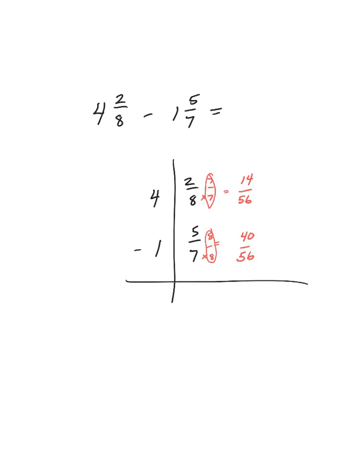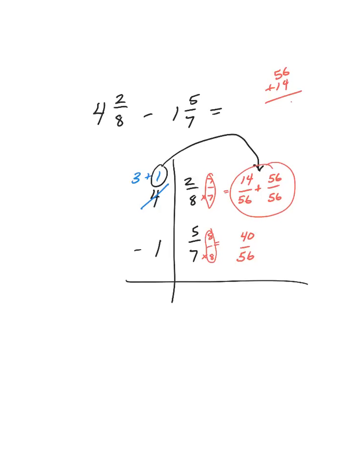I can't do 14 minus 40 unless I want to get a negative answer, so I'm ready to do some regrouping. I'm going to think of this as 3 plus 1 whole, and my 1 whole is what's going to regroup into the fraction column. There is a fraction there, so I'm going to add my 1 whole to that fraction. The name of the fraction was 56ths, and 1 whole equals 56/56. All together here, I now have 56 plus 14, which is equal to 70.